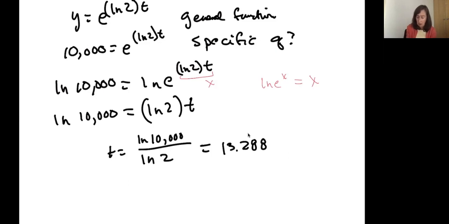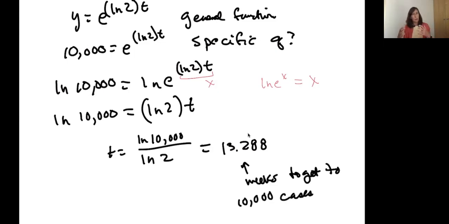Okay, so this is the weeks to get to 10,000 cases. And again, that sort of sounds right, that we knew it was going to be more than 12, because at 12 weeks we had around 4,000 cases, less than 20, because by 20 weeks we had over 1 million, and closer to 12.